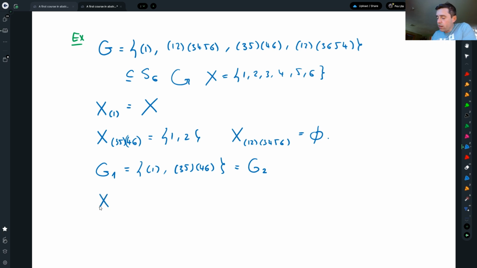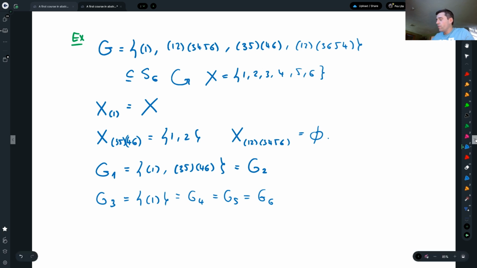How about the stabilizer of 3? Notice that this does not stabilize 3, this doesn't, and this doesn't. So 3 is only stabilized by the identity. And similarly, 4, 5, and 6 are only stabilized by the identity, so all those stabilizers are trivial. And again, every one of those is a subgroup of G.